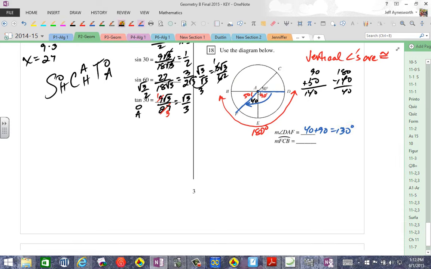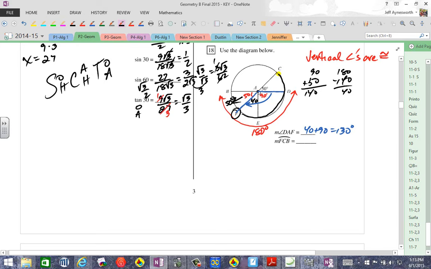Okay, arc FCB. So F through C all the way to B. So you start here and go all the way here. Okay, let's do it the easy way here. So this is a 50-degree arc, but I want F all the way around, through C, all the way to B. Right there.